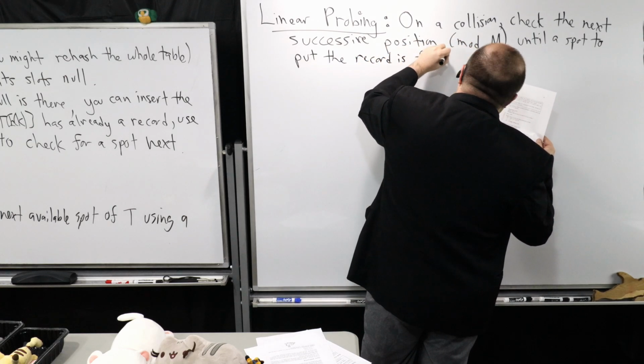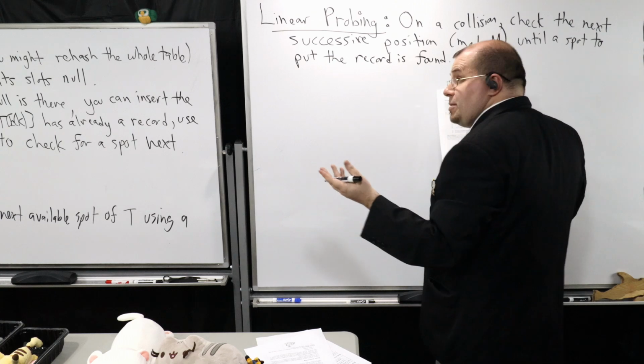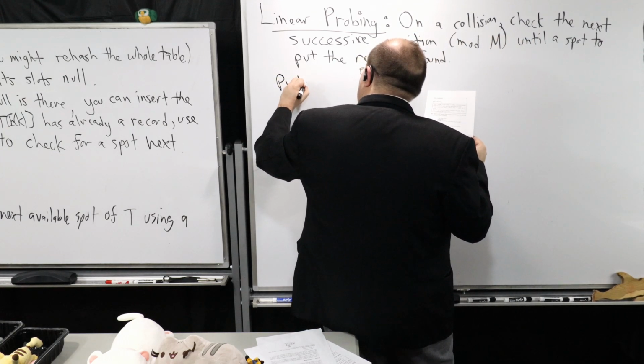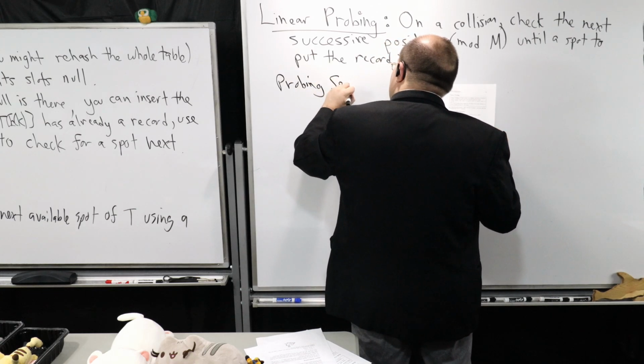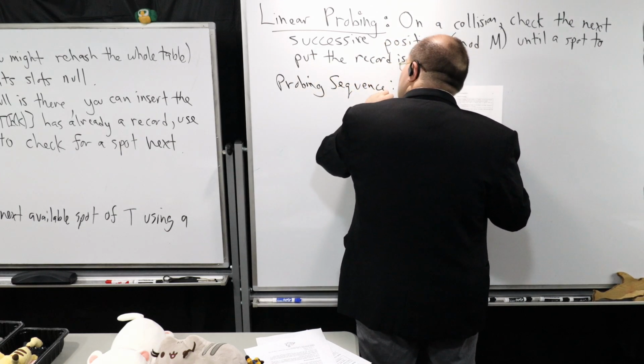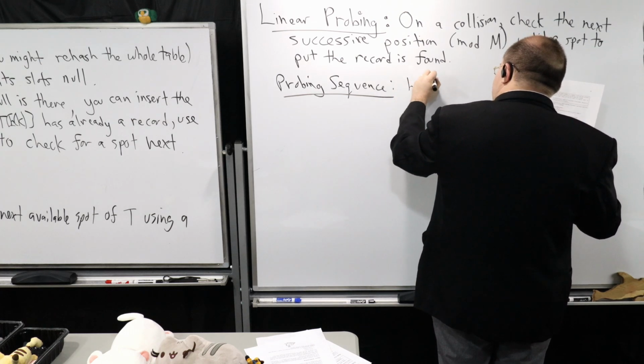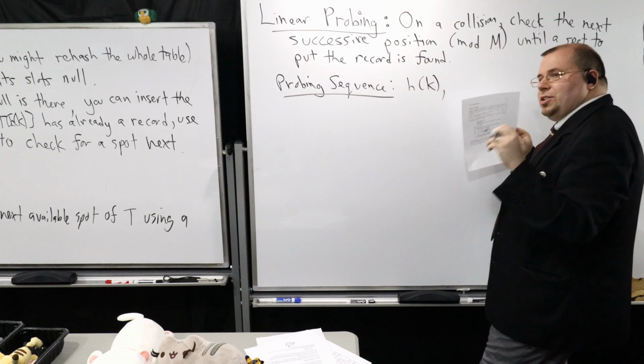So here's what the probing sequence will look like. You start off by checking h of k first. If it's there, you insert it.